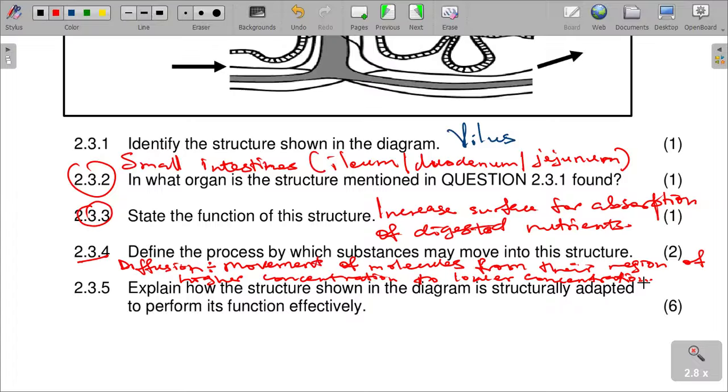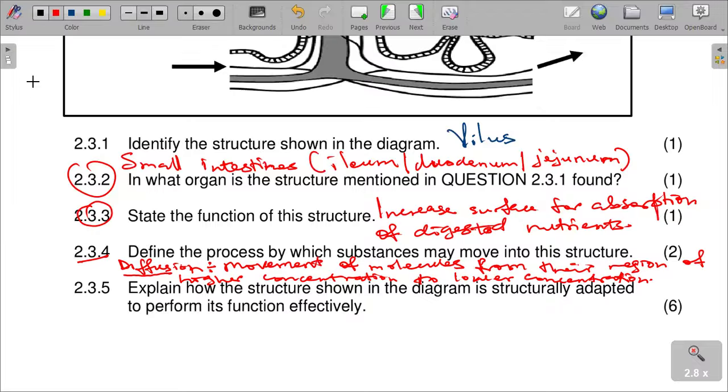So you can talk about diffusion, or you can as well talk about active uptake, where molecules move with the assistance of carrier molecules using energy. That can also be one other answer that you can give besides diffusion.